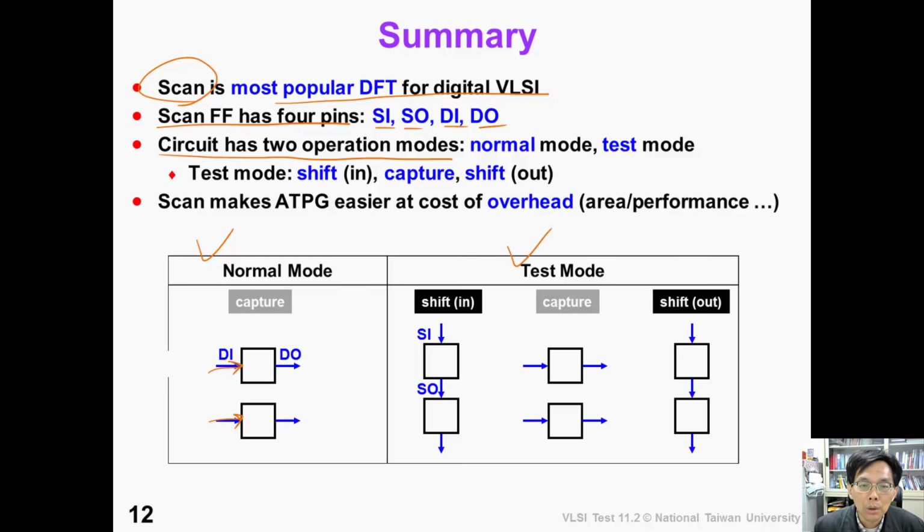In test mode, we first shift in the test pattern, capture the response from the logic, and shift out the contents in the scan chain. Scan makes ATPG much easier, but the cost is area overhead, performance overhead, and many more.